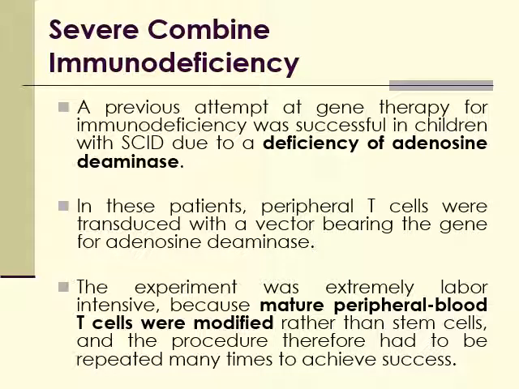SCID is due to a deficiency of adenosine deaminase. Peripheral T cells were transduced with a vector bearing the gene for adenosine deaminase. The experiment was extremely labor intensive because mature peripheral blood T cells were modified rather than stem cells.